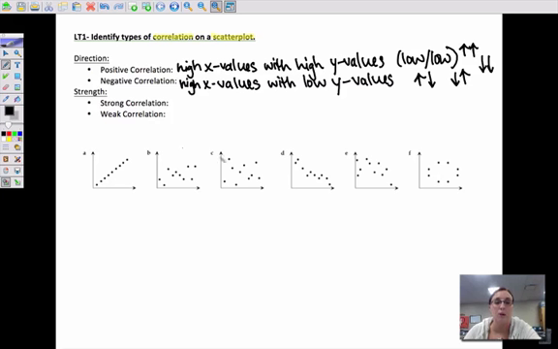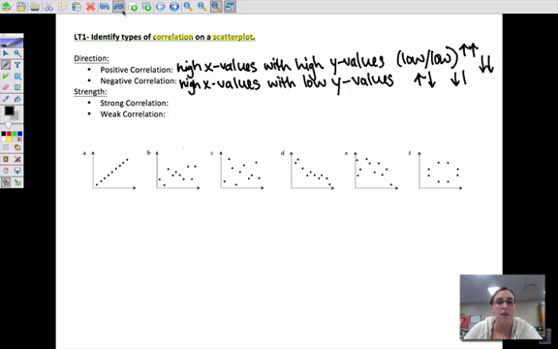When I'm looking at these, I'm first going to sort them out by saying whether they're positive or negative. For example, when I look at this one, this point is low on the x-axis and low on the y-axis. The furthest point over is high on the x-axis and high on the y-axis. As the x increases, as we go to the right on the x-axis, the y values also go up.